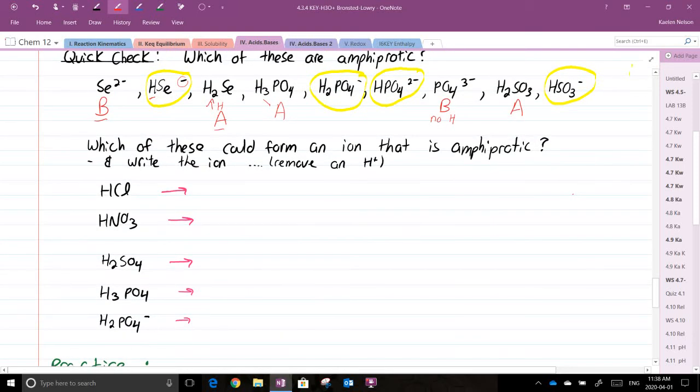Okay, now how we form an ion that is amphiprotic, I'm going to fill these in with you and explain to you what you get as an ion to tell if it's amphiprotic. So for example, HCl, if I split this up, I'm going to get H plus and Cl minus. Neither of these are amphiprotic. The ion has to have an H and a minus together. Same with HNO3, so I would have H plus NO3 minus, so this is not amphiprotic.